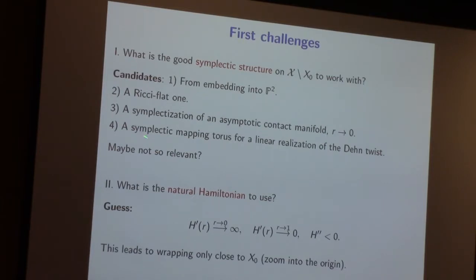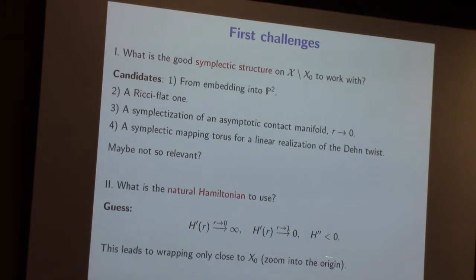Or you could take your favorite realization of the Dehn twist as a symplectomorphism of the torus, and take a symplectic mapping torus, like Oliver Fabert did. Hopefully this choice is not so relevant, okay? But whatever you write down explicitly will depend on your choices. Second thing is we need a natural kind of Hamiltonian.